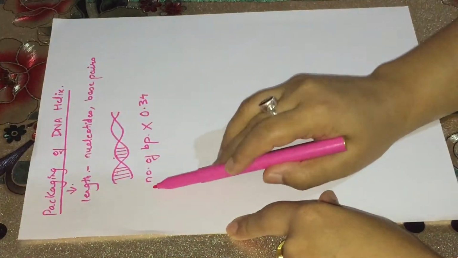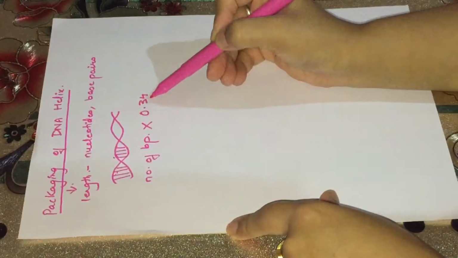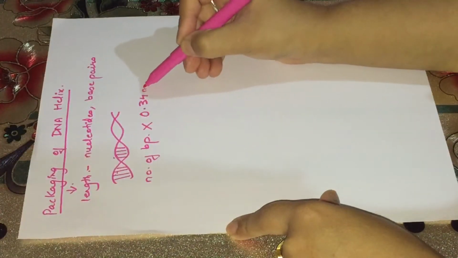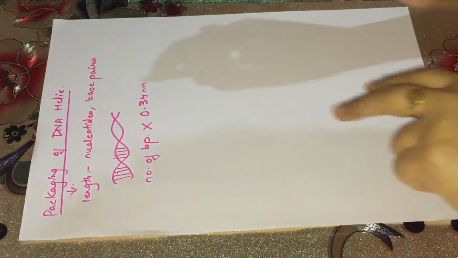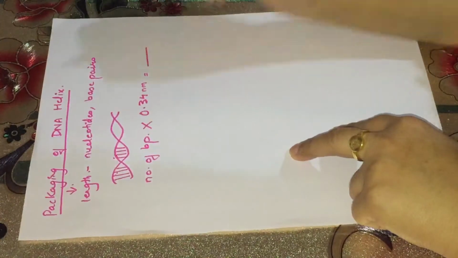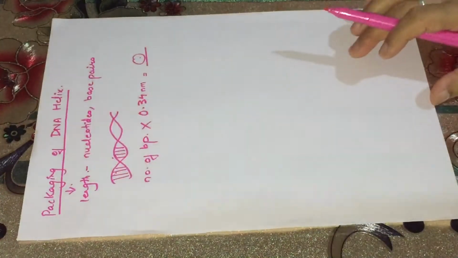So the length is determined by the number of base pairs into 0.34 nanometer, which is the distance between two base pairs. What we get will be the final length.